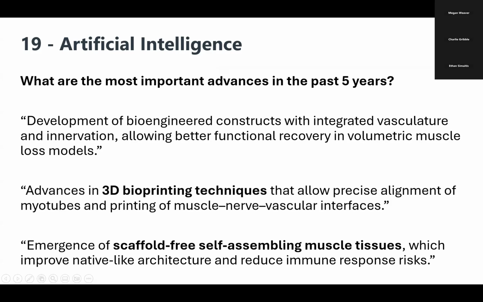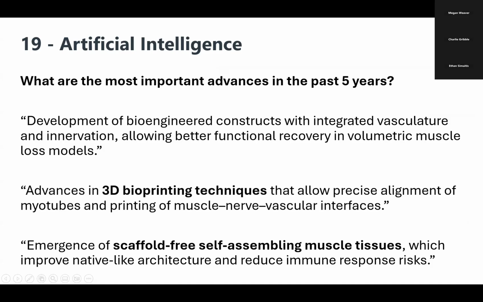The first being, what are the most important advances in the field in the past 5 years? And these are the three responses that you see here on the right, being bioengineered constructs with integrated vasculature, 3D bioprinting techniques, and scaffold-free self-assembling muscle tissues. And I found these to be the most critical and repeated answers among the chat system.